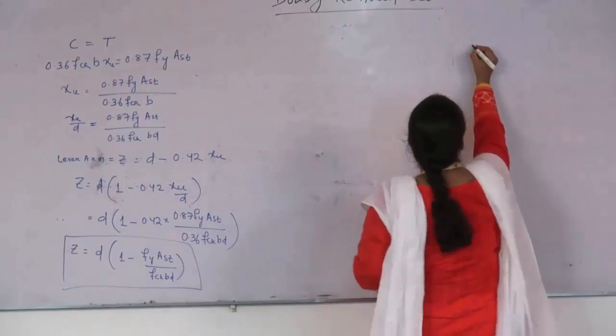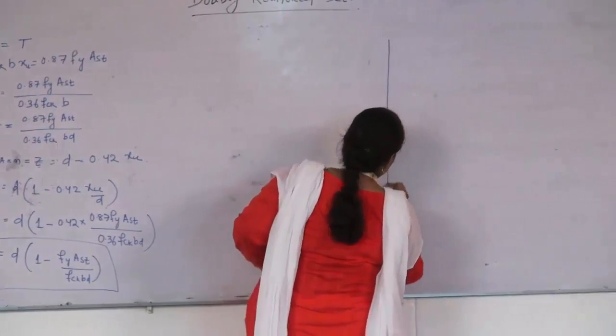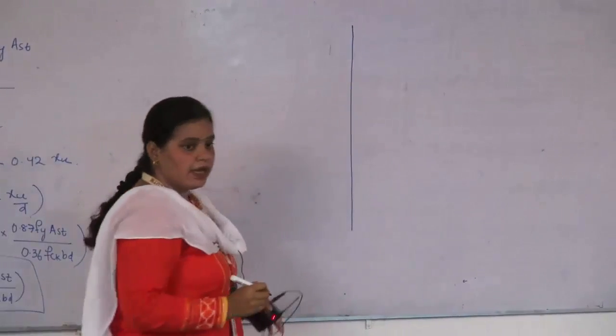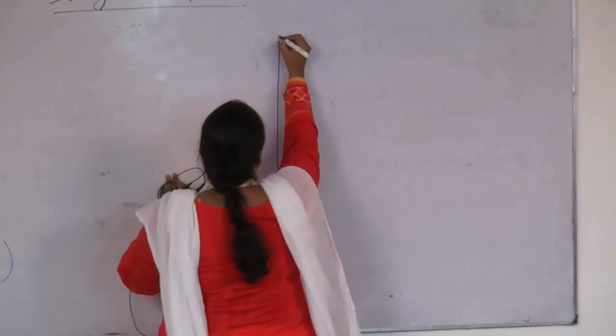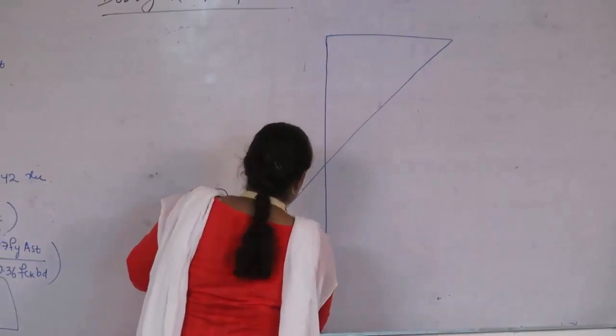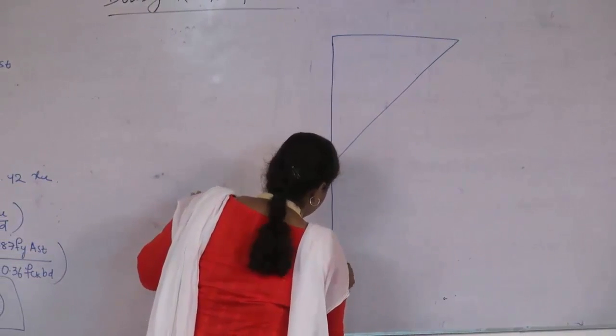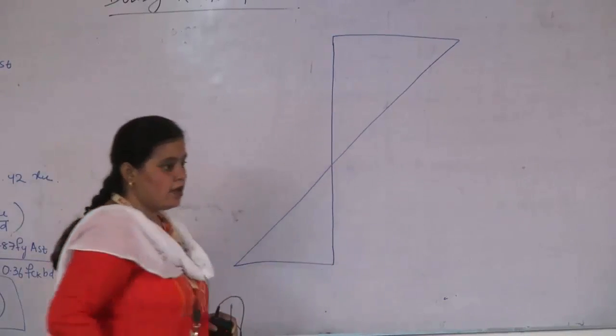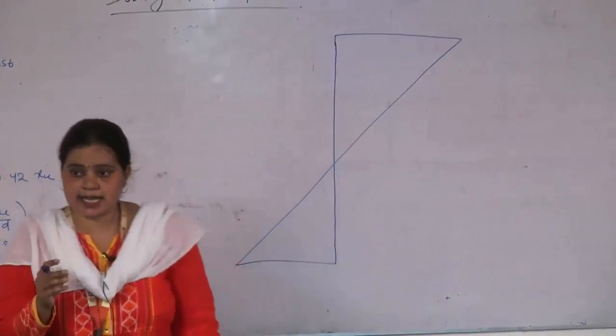So, draw one diagram. Okay, now I am going to do the strain diagram. Big strain diagram. Okay, first our three conditions are there.